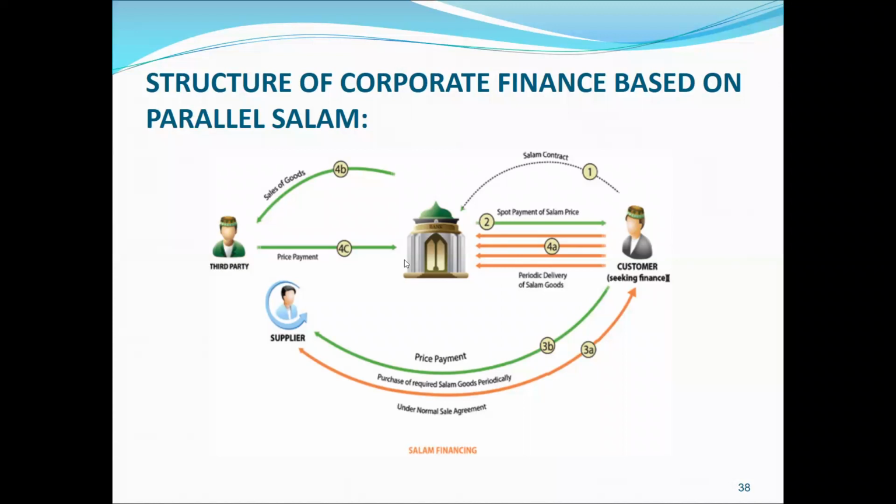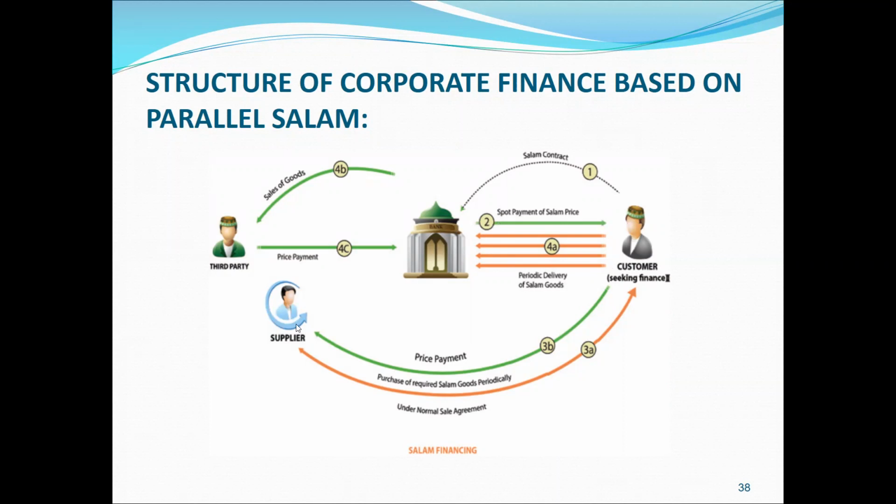Here the Islamic bank signs the salam contract with the customer. The bank makes a spot payment of the salam price. Then they deliver the price paid to the supplier. They purchase the required salam goods periodically from the supplier.